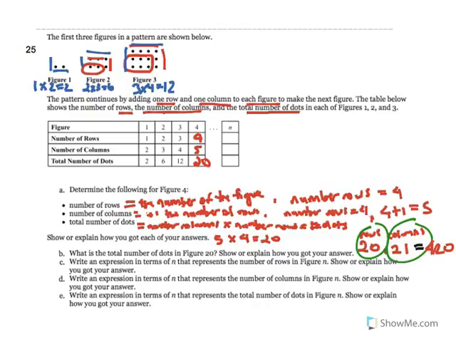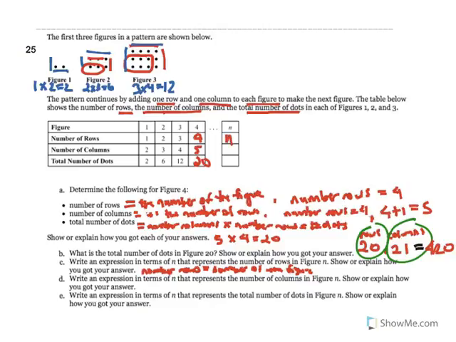Now, part C says, write an expression in terms of n that represents the number of rows in figure n. Show or explain how you got your answer. Well, we know that the number of rows is equal to the number of the figure. So therefore, if the number of the figure is n, the number of rows has to be n as well.